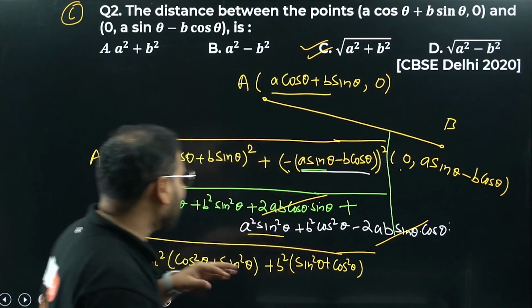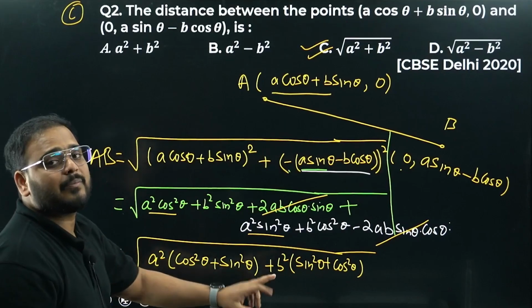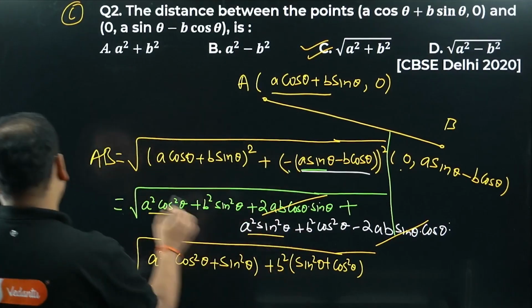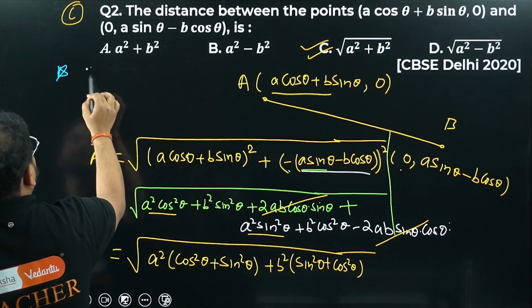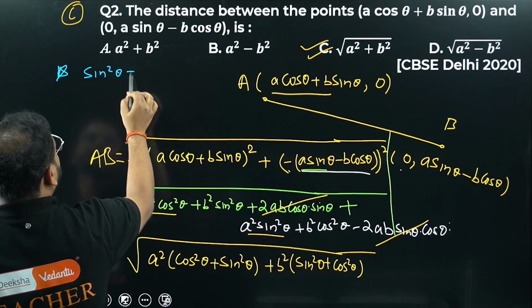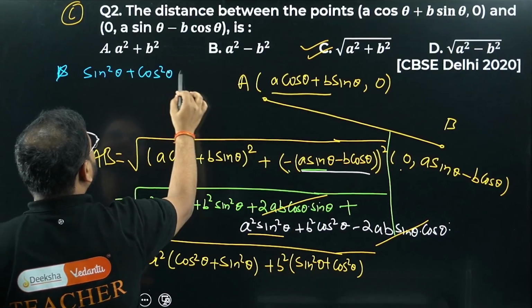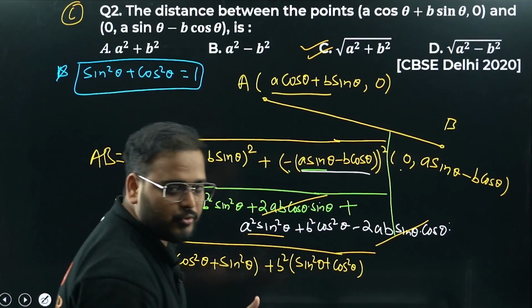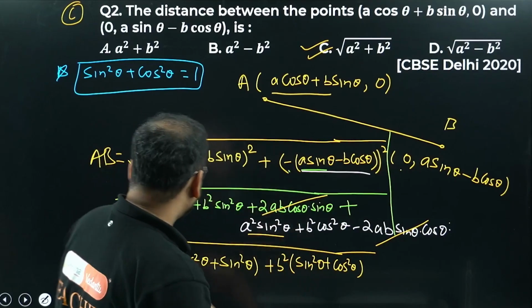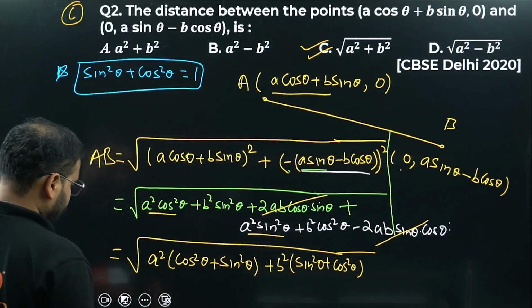Please forgive me for that. Sin square plus cos square is 1. This is a formula, a trigonometric identity: sin square theta plus cos square theta is always 1. I'll talk to you about this when we start trigonometry, but right now please accept this.